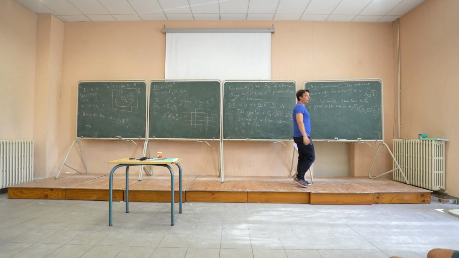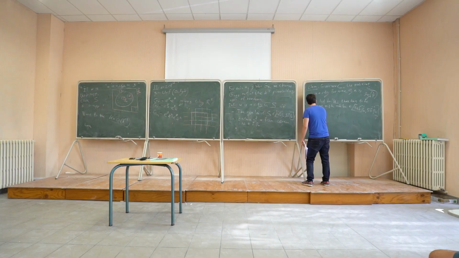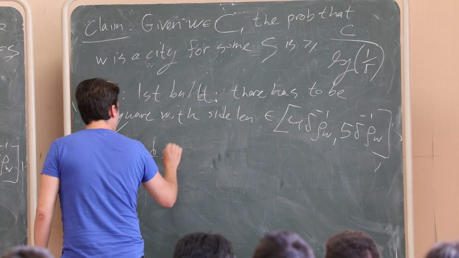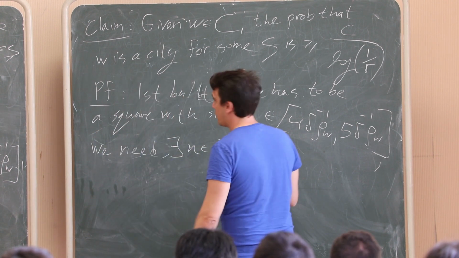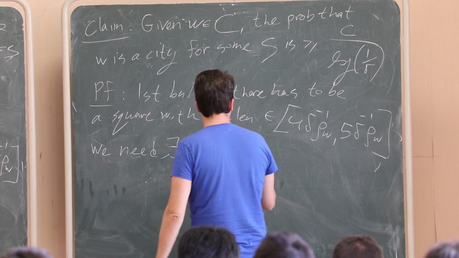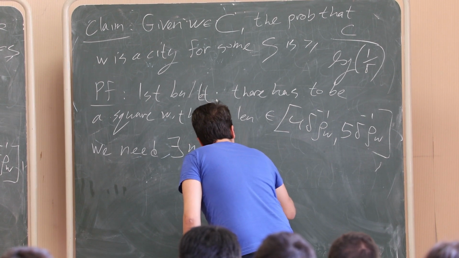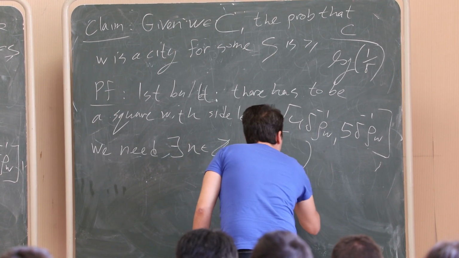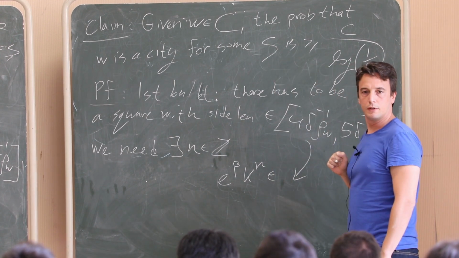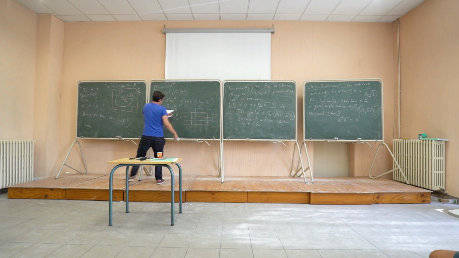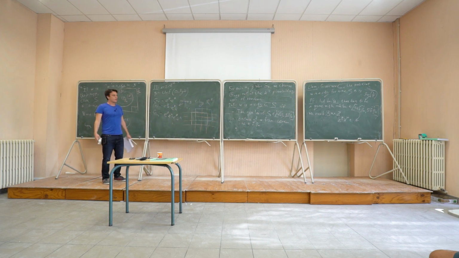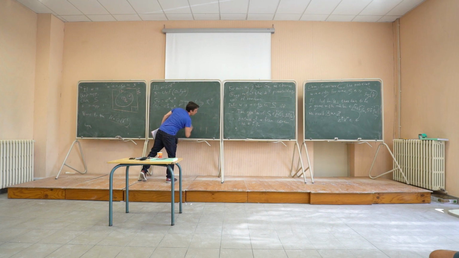But for this to hold, we need that there exists some integer n so that e to the beta times k to the power n is in this interval. So let's do the calculation, because these are the sizes of our squares. We take log on both sides.